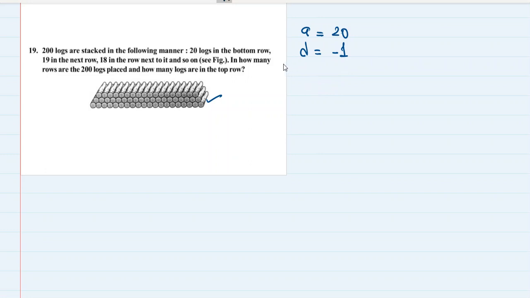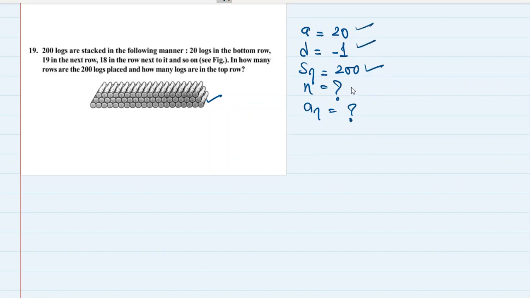Okay. They are asking in how many rows are the 200 logs placed. So sum of all the logs is 200. We have to find the number of rows, and we have to find how many logs are placed in the top row. Now top row will be the nth row, so we have to find the nth term also. So you have got a, you have got d, you have got sum of n terms.